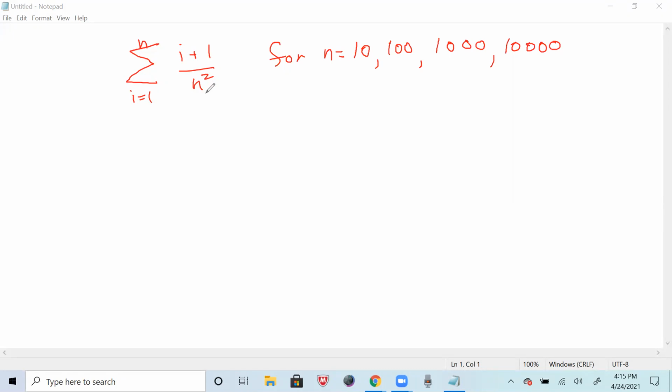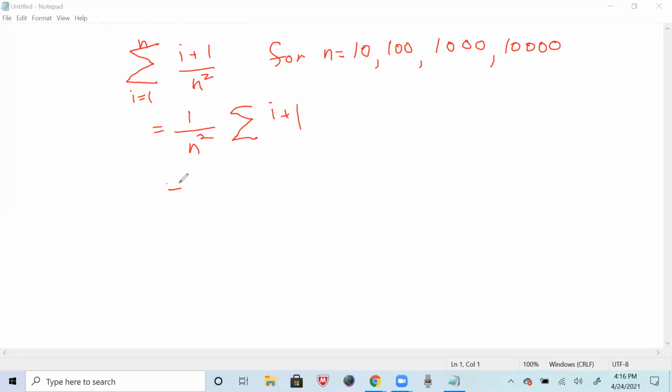So this whole thing that I've written, let's hold on, is equal to 1 over n squared times sigma of i plus 1. And I won't bother to put the i equals 1 to n on every one of them. It's just to save time.